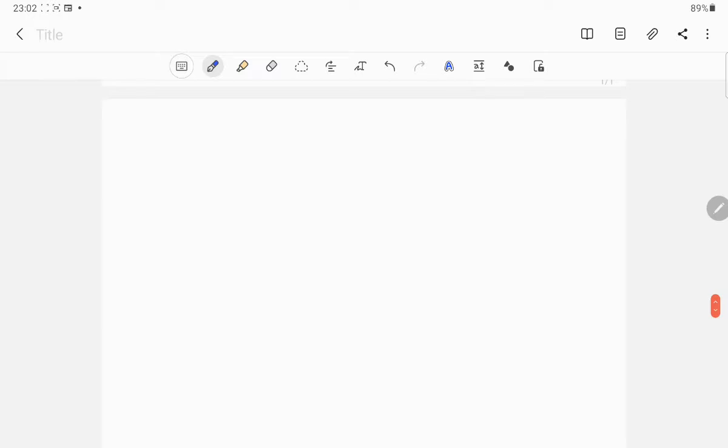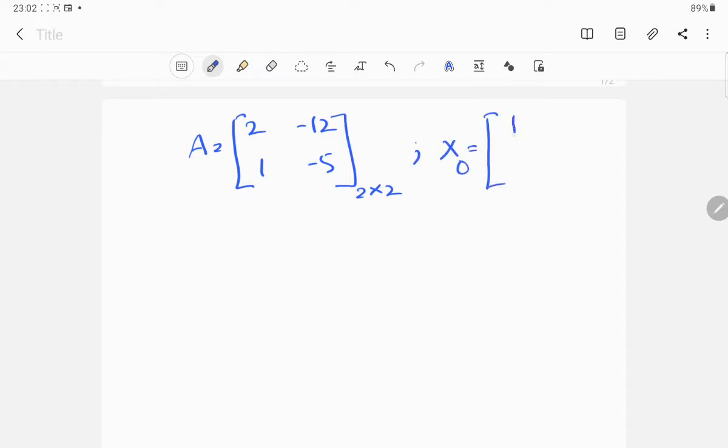So here we have A equal to [2, -12; 1, -5], a 2 by 2 matrix, and x naught equal to [1; 1], that is 2 by 1. Let us find x1.